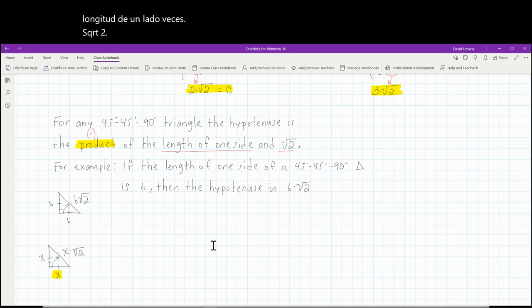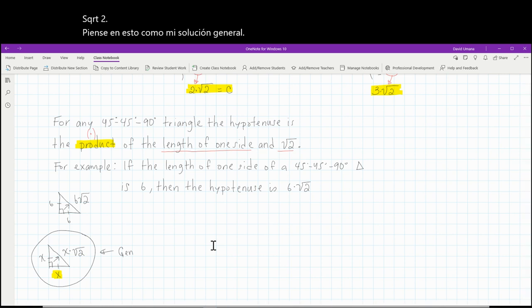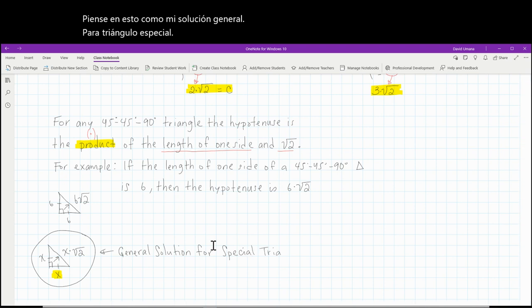Think of this as my general solution for special triangle, which in this case happens to be a 45, 45, 90-degree triangle.